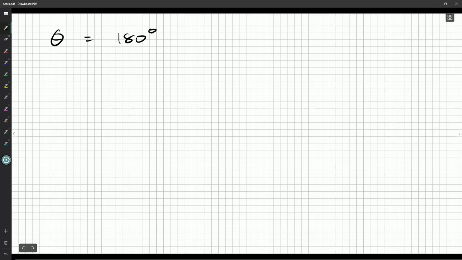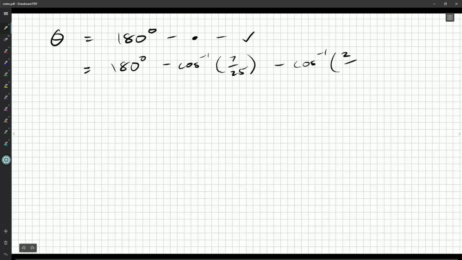So theta is 180 degrees minus dot minus check. So I'm just going to grab my calculator and do the cos inverse function. So 7/25 and 2/5. And I got to make sure that my calculator is set up for degrees rather than radians, which it is.